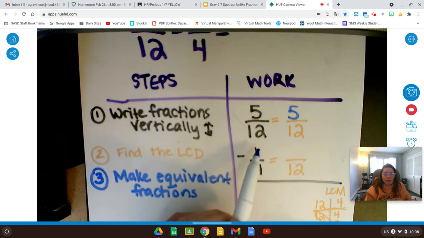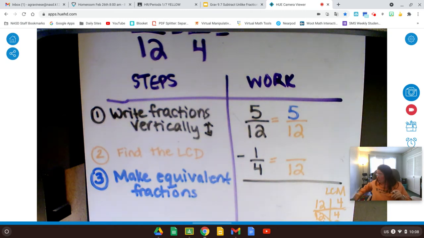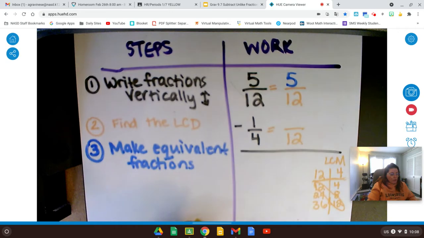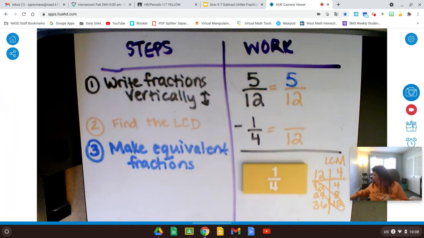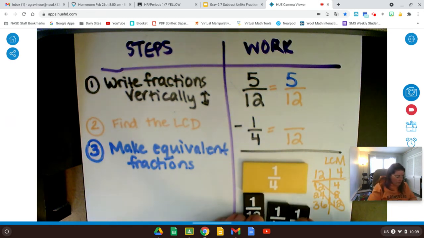Over here, I have 1/4, and I want to change it into 12ths pieces. And I want to know how many 12ths give me 1/4. If I'm just thinking of what that looks like, here is 1/4, and I want to see how many 12ths pieces equal that. So I can use my fraction tiles to figure it out.